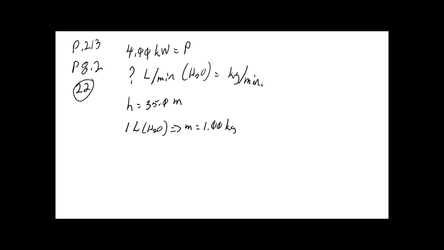Number one, look at the power. It's in kilowatts. We need that in watts, because the SI unit for power is the watt. So how many watts is 4 kilowatts?